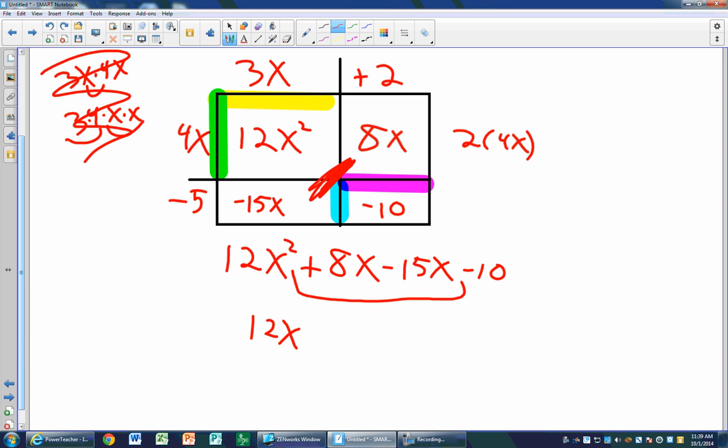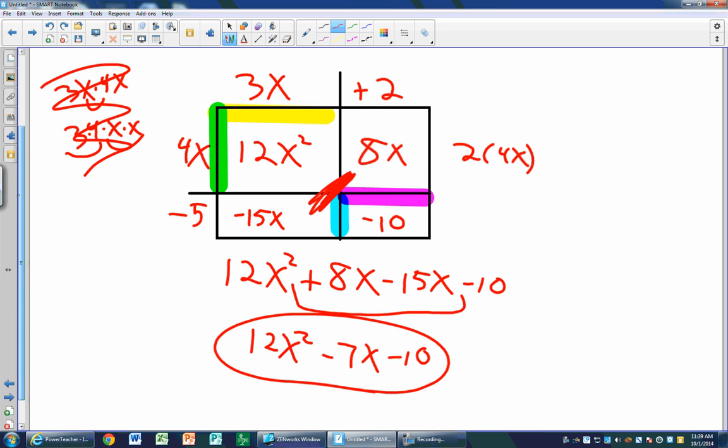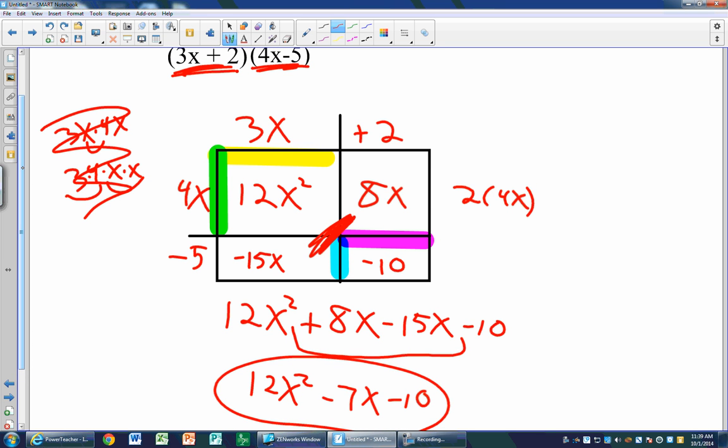So we have 12x squared. Why can we combine them? Because the exponents are the same. So +8 minus 15 is -7x. That is the answer for 3x plus 2 times 4x minus 5. This is the area model.